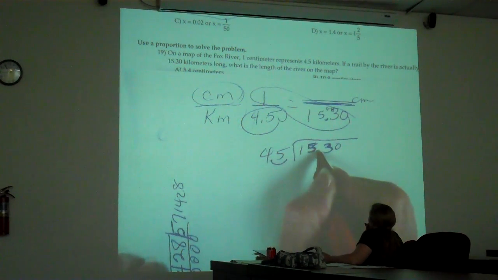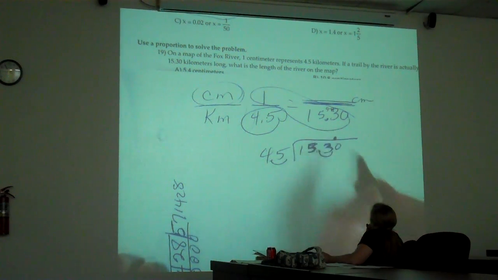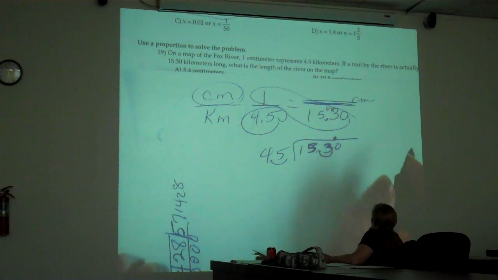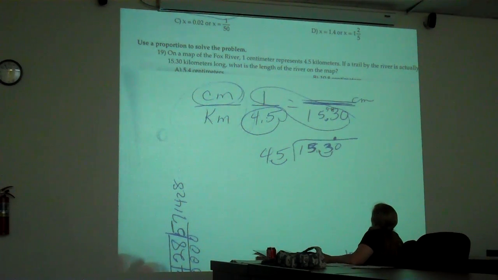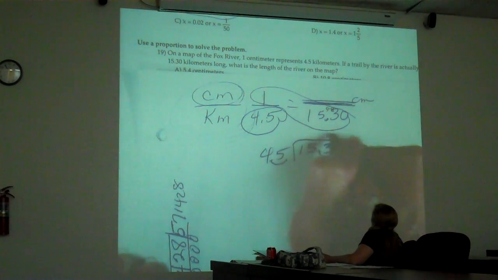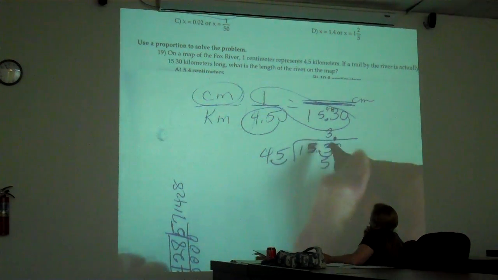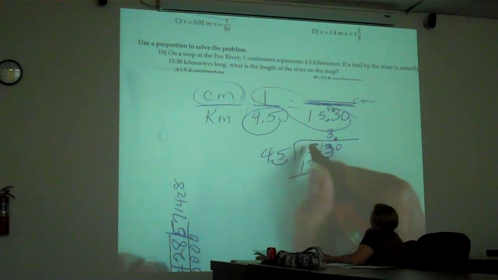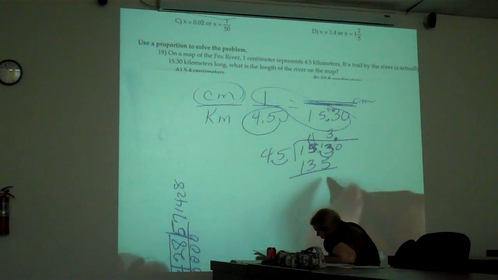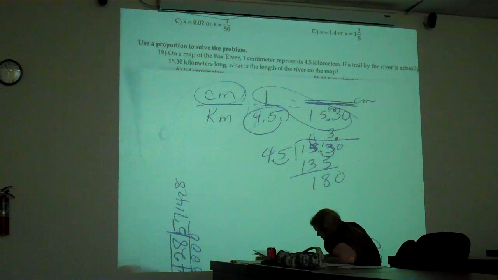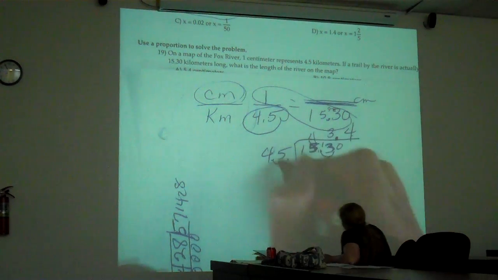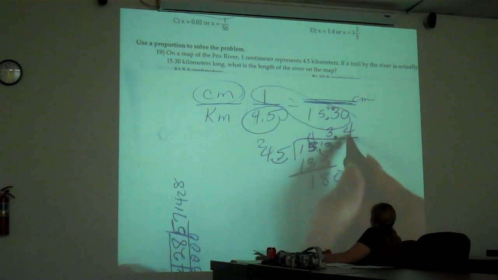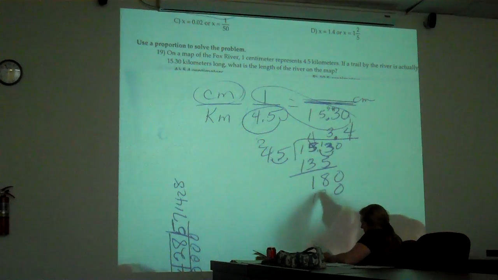Move the decimal. 45 into 153. 3 times 5 is 15. That's 12 and 1 is 13. 180. 4 times 5, 20, 16, 17, 18.